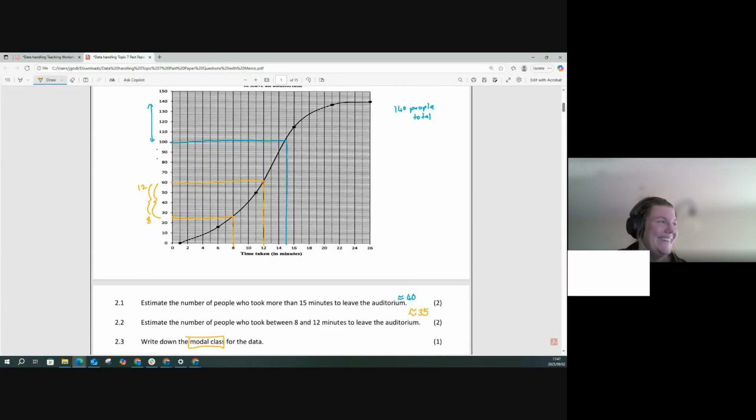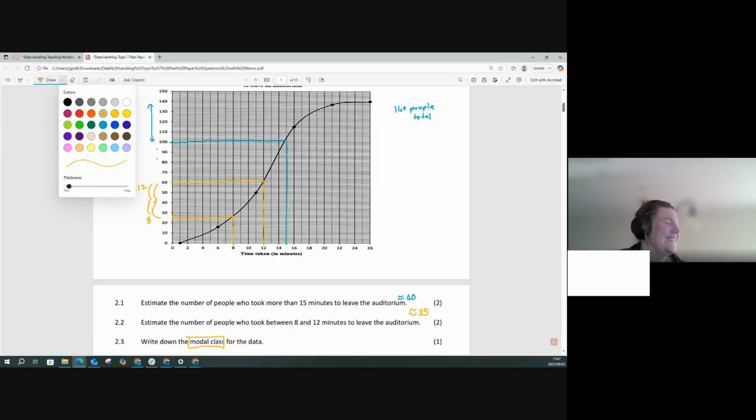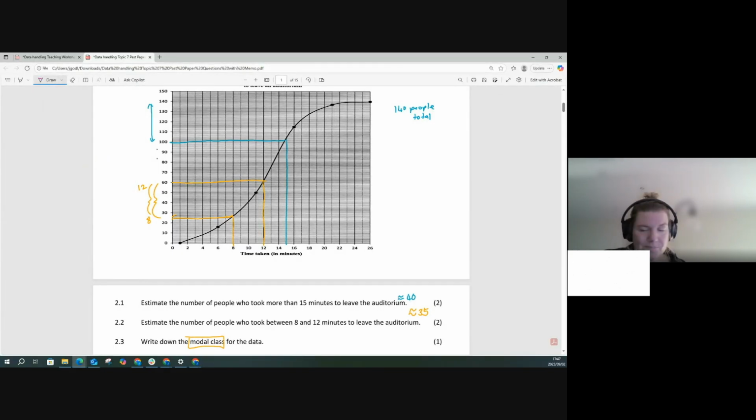Yeah, there we go. So these are the values which have been plotted. Okay, and remember the modal class is the one where the jump is the biggest. So this dude over here, that's our modal class.